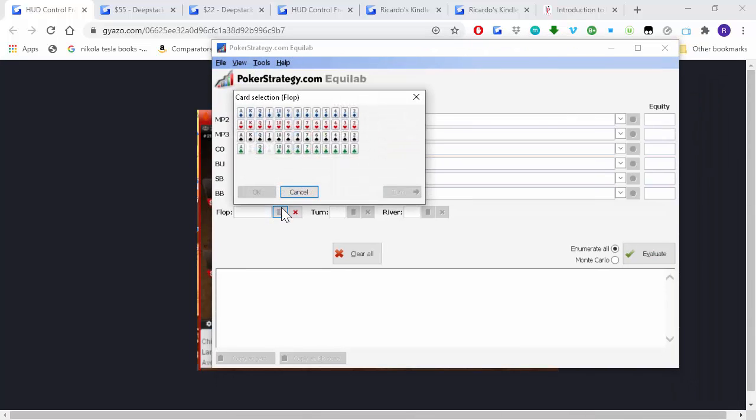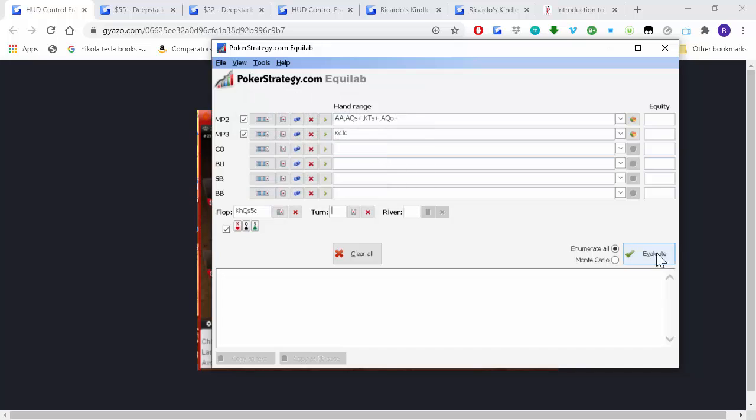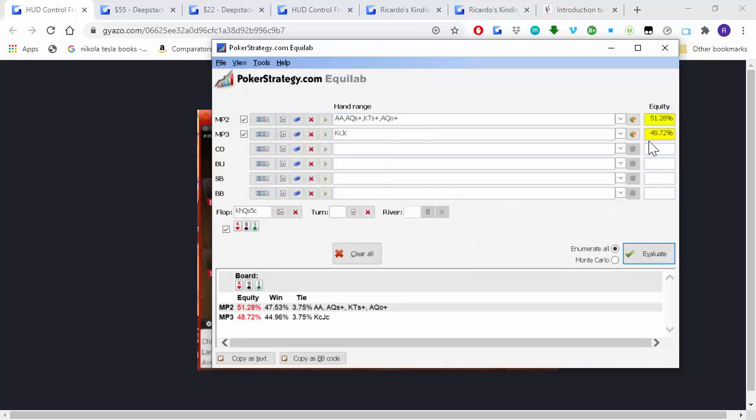The backdoor club draw probably does give some equity, like maybe, you check, maybe an extra 1 or 2%. So I basically have enough already.